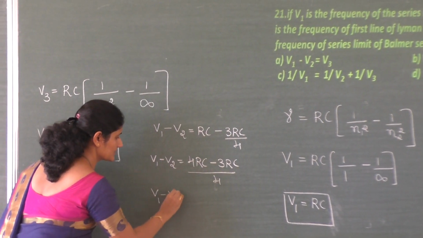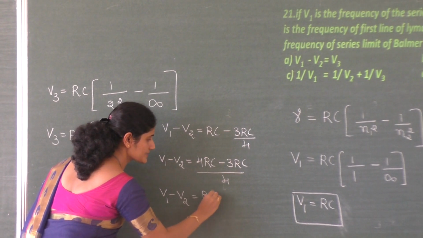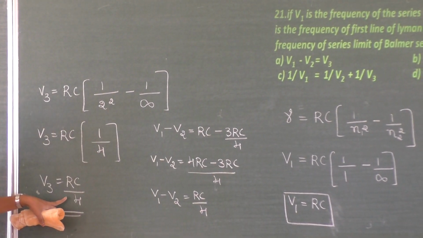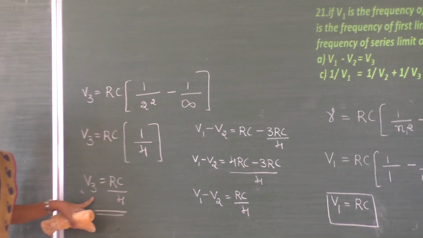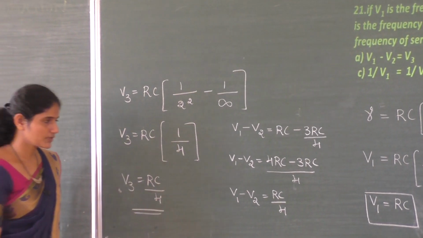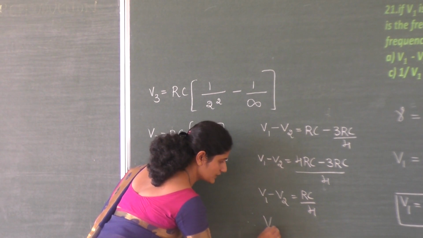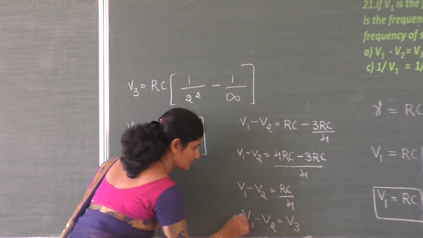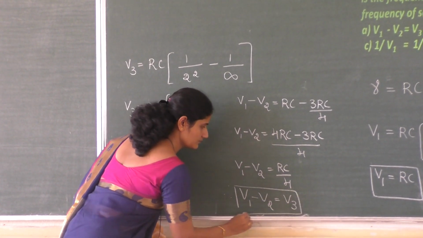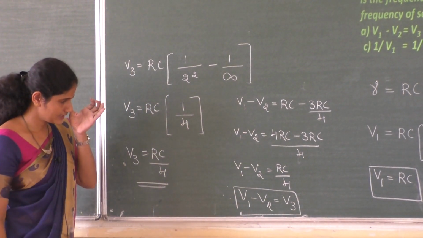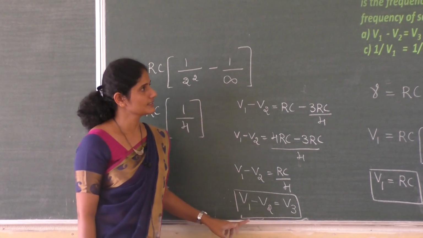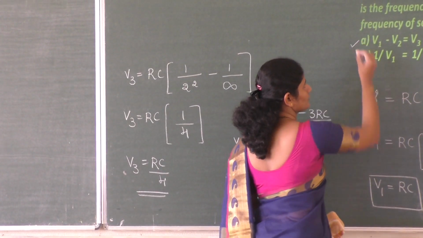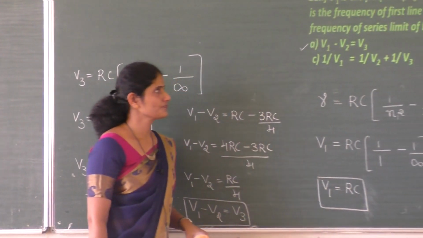So V1 minus V2 is RC by 4. RC by 4 is nothing but the frequency of the series limit of Balmer series, which is V3. Therefore, V1 minus V2 is equal to V3. V3 is the difference between V1 and V2. Therefore, the correct answer is option A. V1 minus V2 is equal to V3.